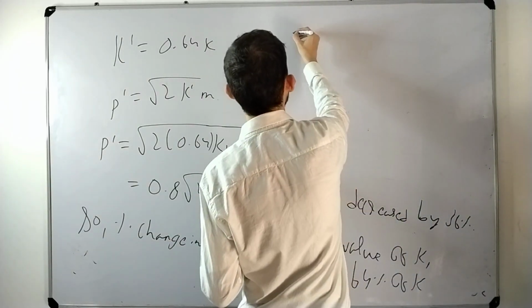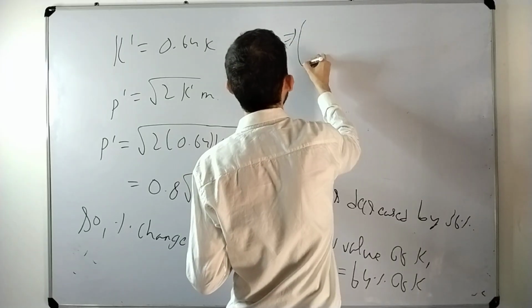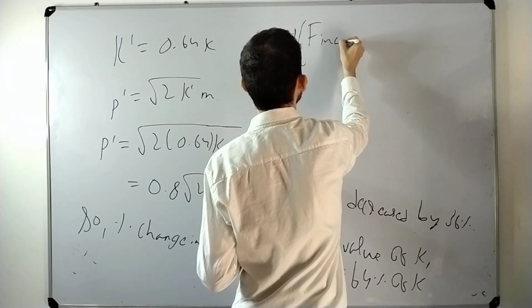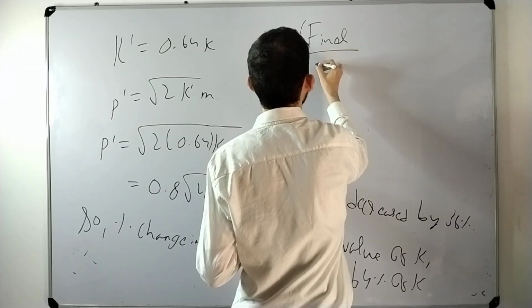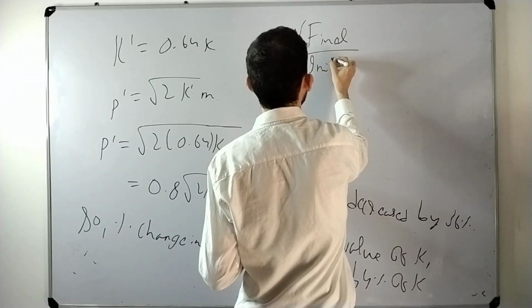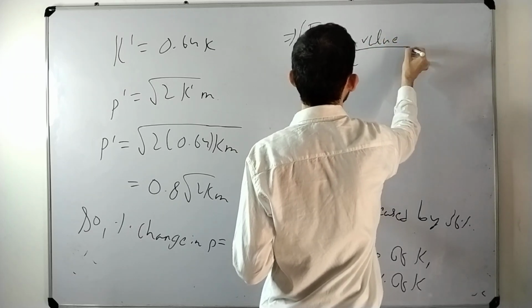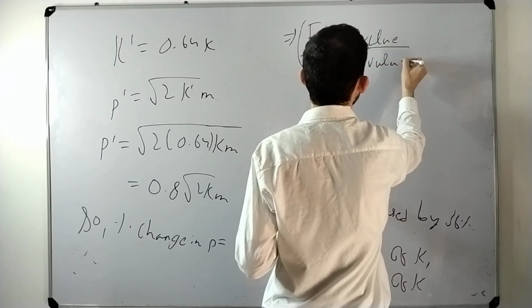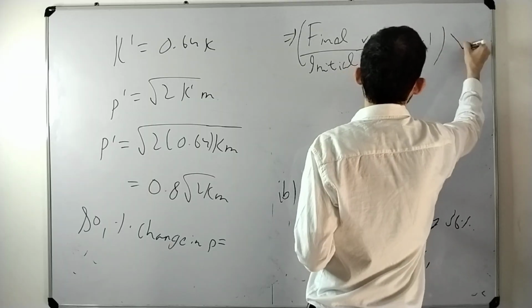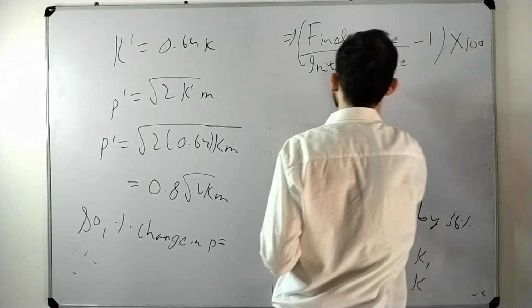So this becomes final value, initial value, minus 1 into 100. Put the values here, students.